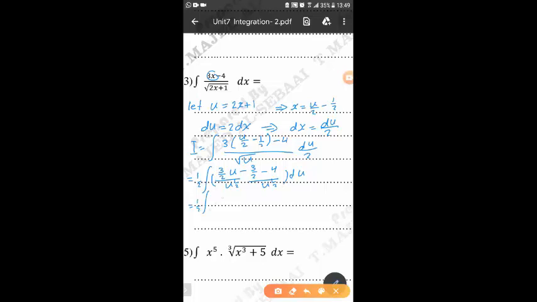Simplify the first: it's going to be 3 over 2 u to the half, right? Because u over u to the half will be u to the power of 1 minus half, which is half. You got it? Yes. Minus, I will multiply here by 2 and here by 2, so it's going to be 3 over 2 minus 8 over 2, which is minus 11 over 2, and this u to the half will be u to the minus half, because I put it up.